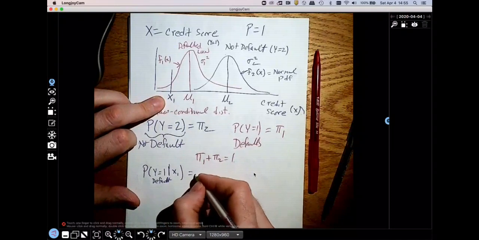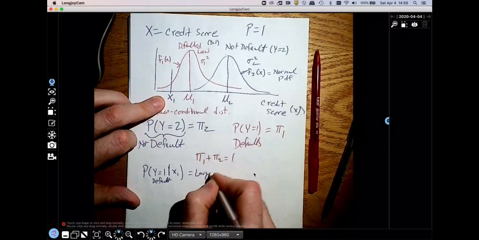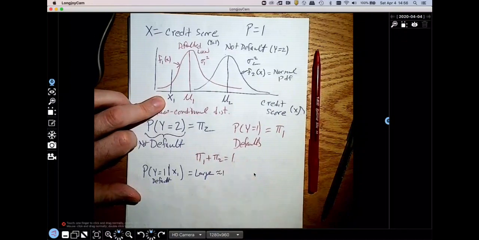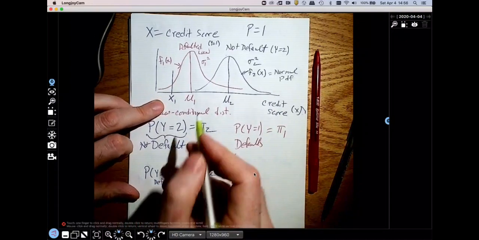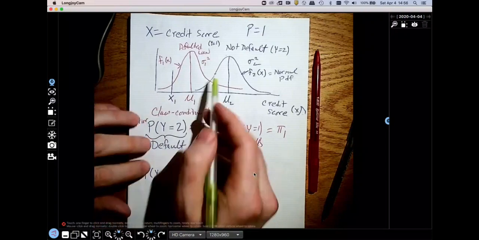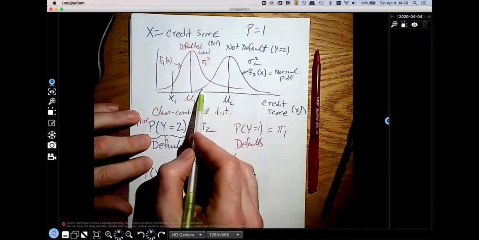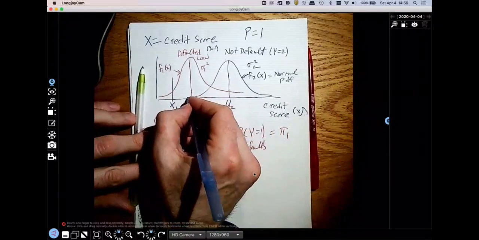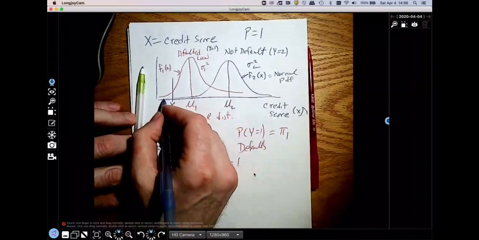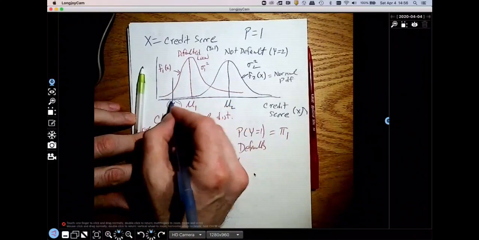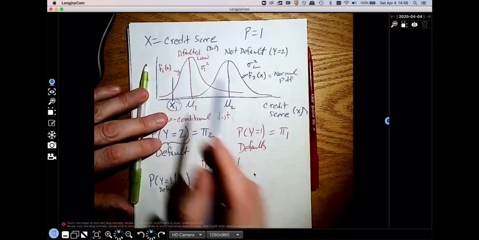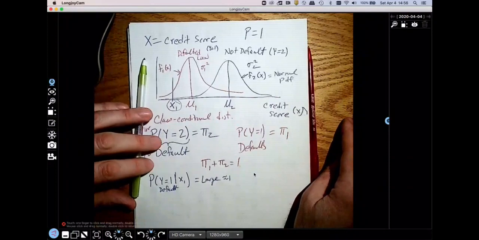It would be large. So in fact, it would be close to 1. Because if the real distribution is this blue one over here, how likely is it that I am going to observe an x value way out in the tail? Well, not very likely. It's much more likely to have come from this red distribution.